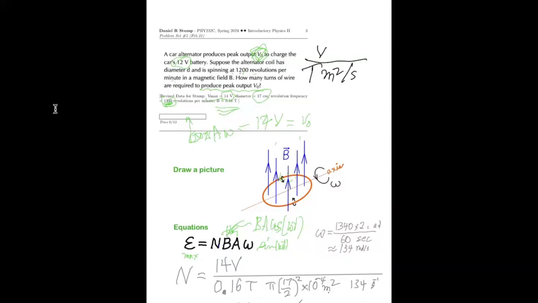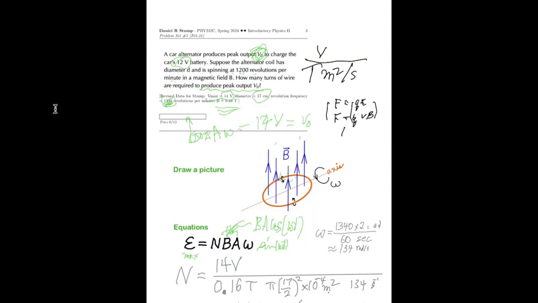Now you remember the electric force is QE, and the magnetic force is QVB. Now these have the same unit, newtons. These have the same unit, coulombs. So these have to have the same unit.